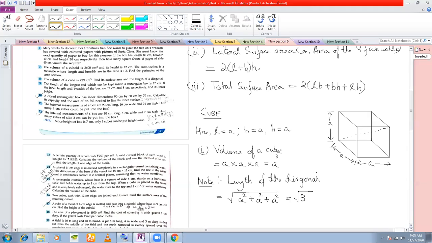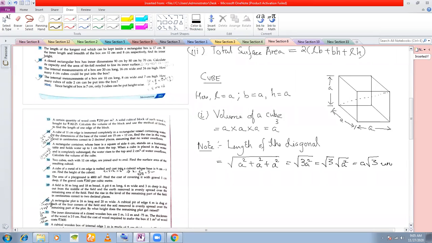So root over of 3A square, which can be written as root 3 into root A square, which is A into root 3. Okay, this is the length of the diagonal. You can write here units. Length of the diagonal is this much units.